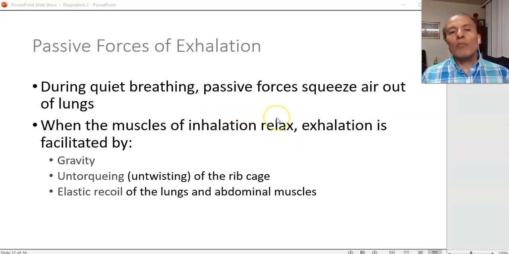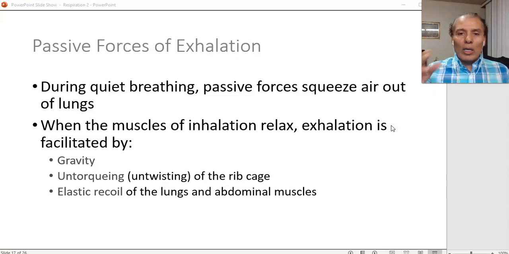During quiet breathing, there are passive forces that squeeze the air out of our lungs. There are three forces I'm going to discuss. However, when you speak, you require more energy and more control over the thorax and the respiration process, and you are definitely going to use accessory muscles of expiration.